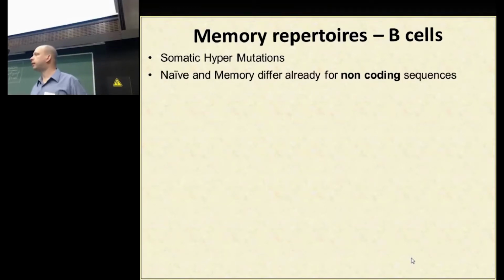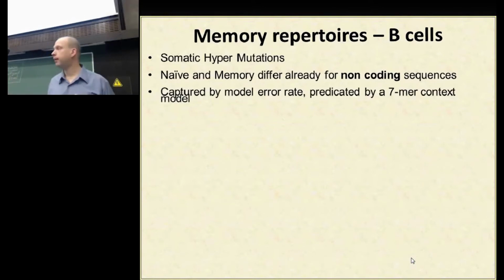This is already clear for non-coding sequences, because non-coding sequences also get those hypermutations, they are just not selected. So we can really look at the mutation profile without looking at the selection of those cells, which are heavily selected, right? And we found that it is captured by a model of error rate predicted by a 7-mer context model. 7 is a nice number.